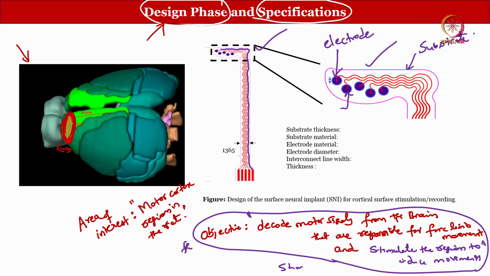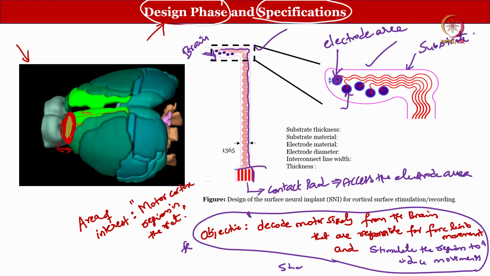This goes to the brain, and this side is called the contact pad. The one with a circle is the electrode area, and the one with the rectangle is a contact pad through which you can access the signals from the electrode area.